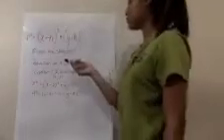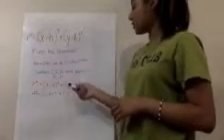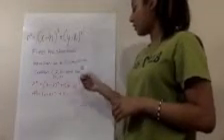So for this first example, we're going to find the standard equation of the circle with center (2, 5) and radius of 7. The first thing we're going to do is take the standard equation and substitute (2, 5) into it, as well as a radius of 7. So that would lead you to 7 squared equals (x minus 2) squared plus (y minus 5) squared.